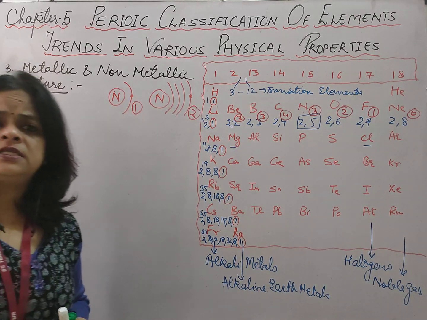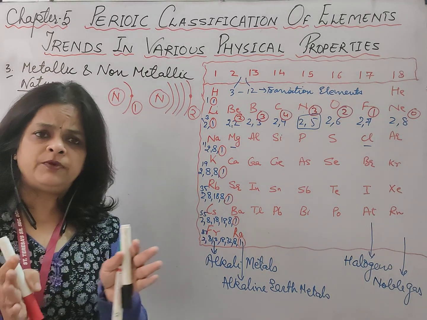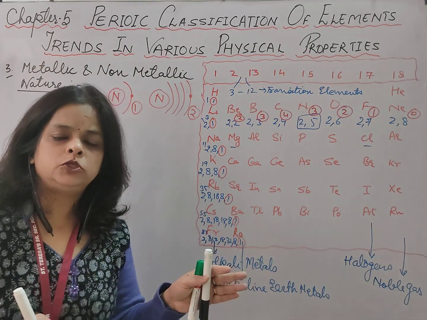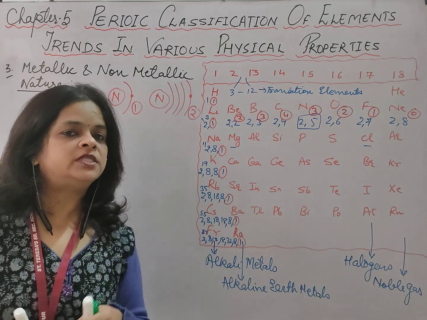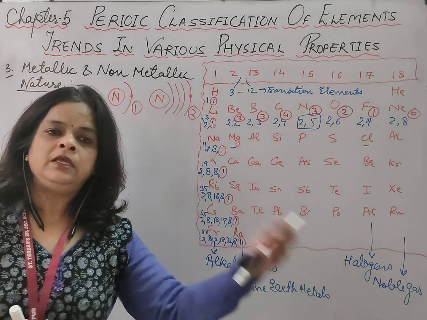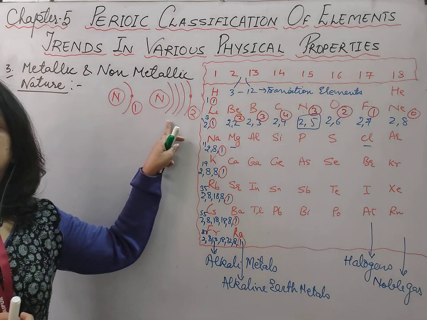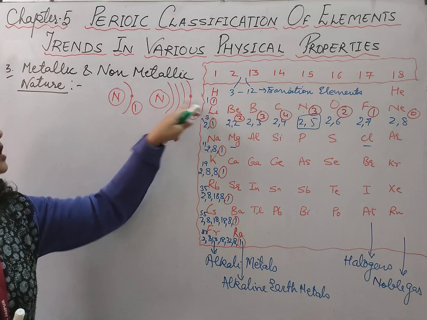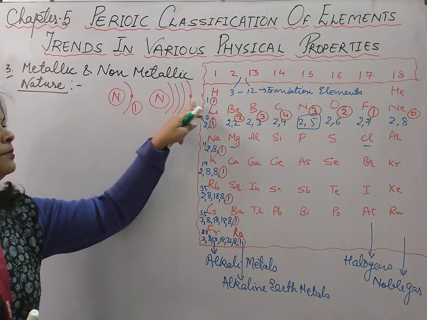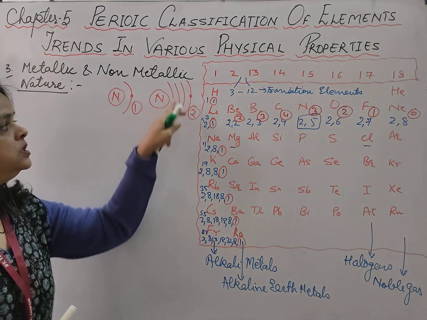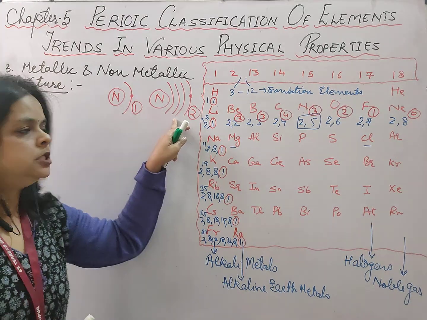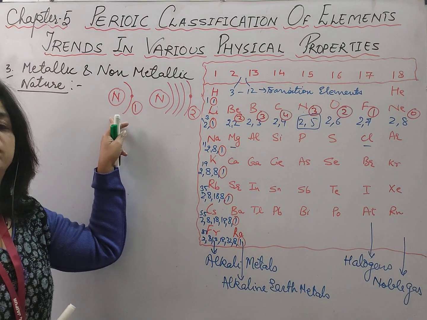So we can easily say that the more the distance between the nucleus and the valence electron, the lesser the attraction felt by the electron towards the nucleus, and it can be easily given out. So in the second case, the electron is away from the nucleus, and it can be easily given out by providing a small amount of energy. So this has more metallic nature as compared to the first one.